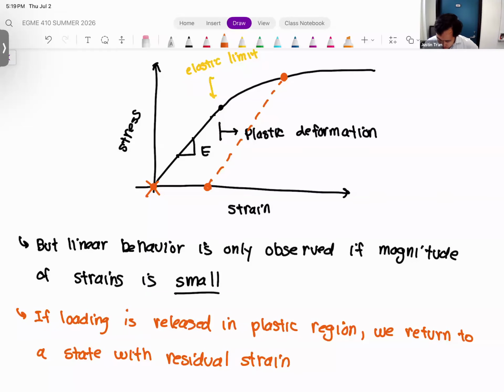Now, how does this relate to ANSYS? In its default state, which is the state that we use ANSYS in activity 1, and which is going to be true for activities 2 and 3 as well, plastic deformation actually is not taken into account.